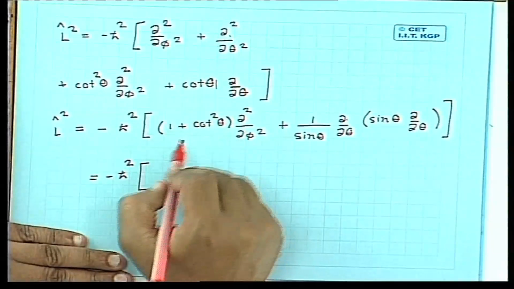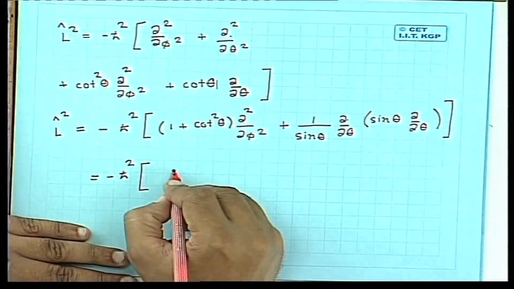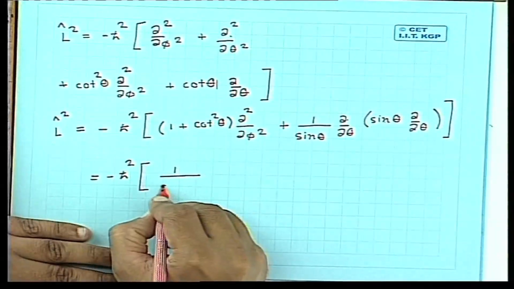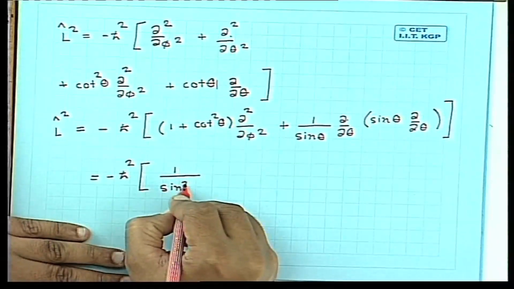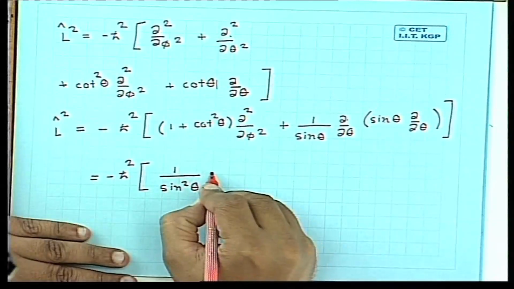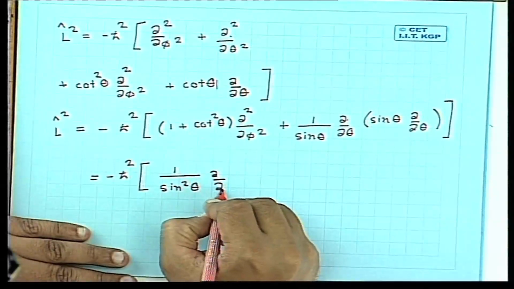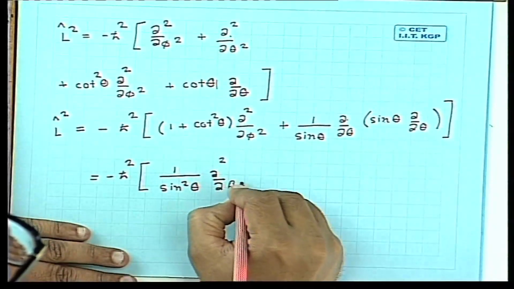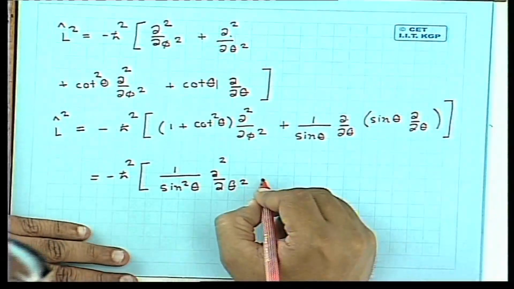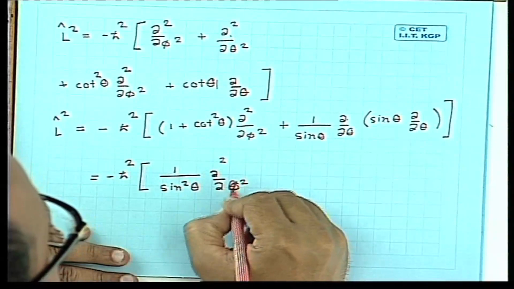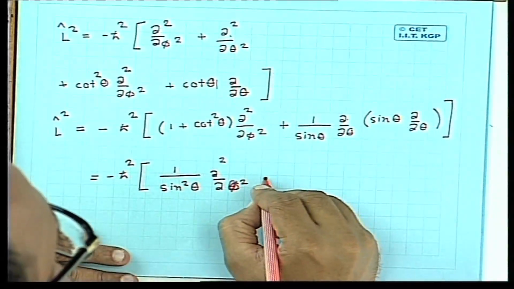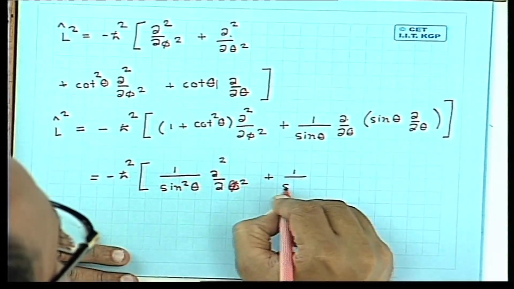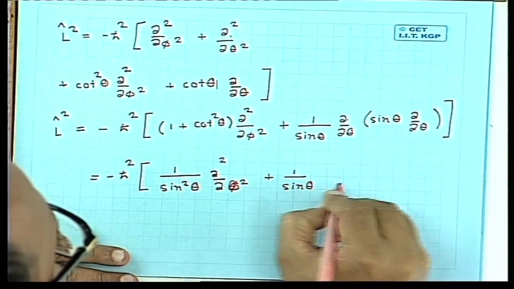So this is finally equal to minus h cross squared, this is 1 by sine square theta del square by del phi square, plus 1 by sine theta del by del theta sine theta del by del theta.